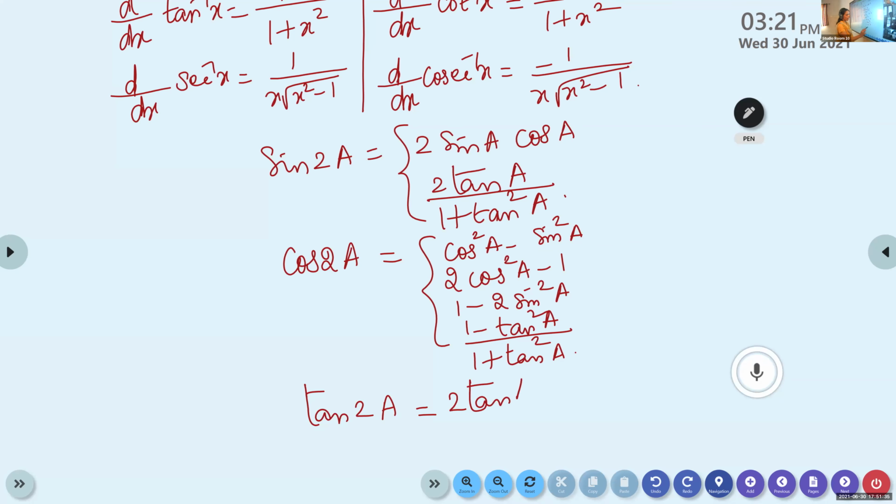It is 2 tan A by 1 minus tan square A. Tan 2A, we have only one formula.